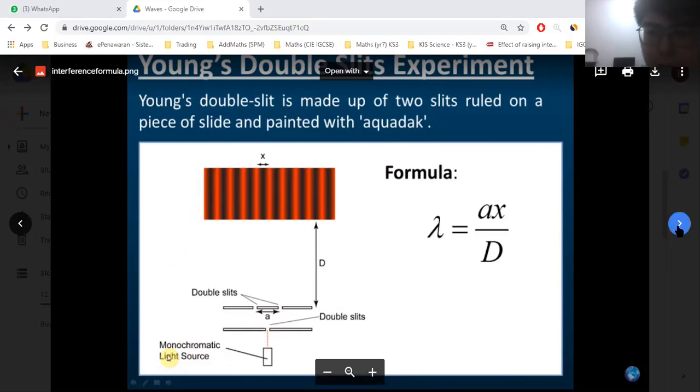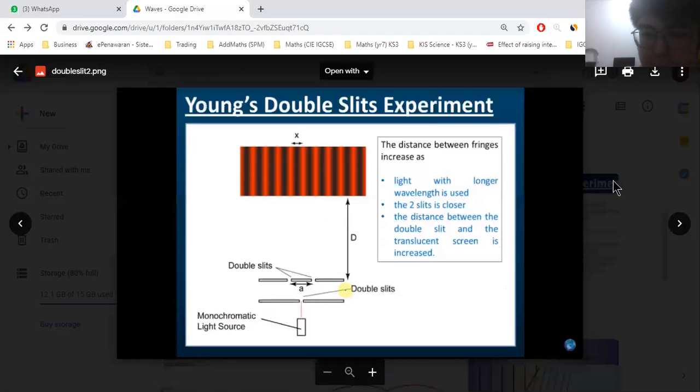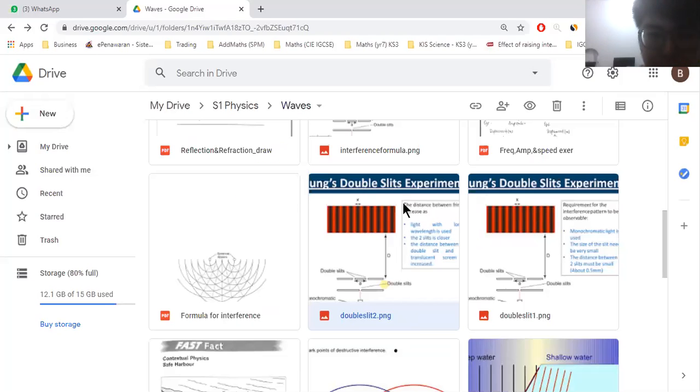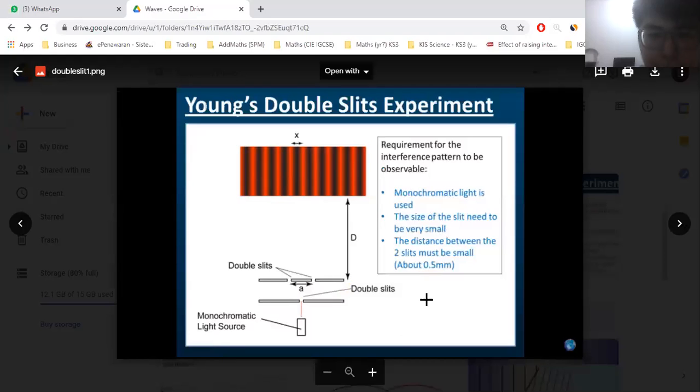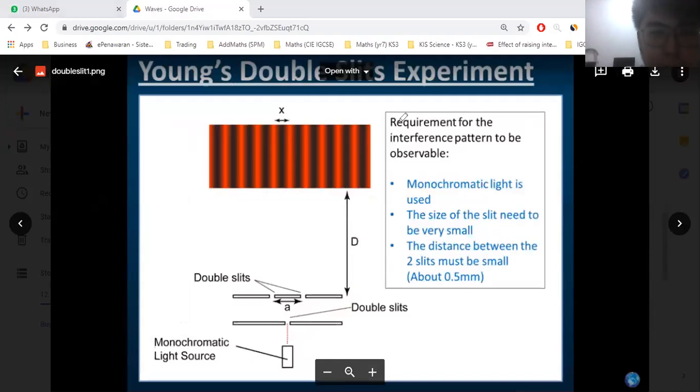Okay, now a few more. From here, Young's double slit. Let's look at this one first. This one is the requirement for the interference pattern to be observable. So there are some requirements: if I want to see the bright and dark fringes, I must fulfill certain requirements.